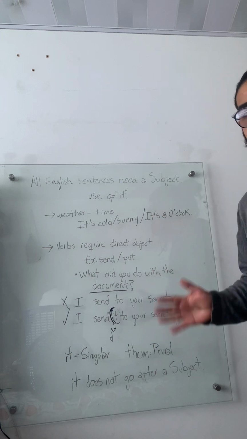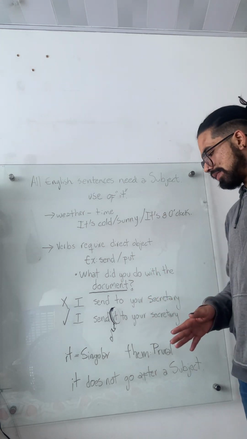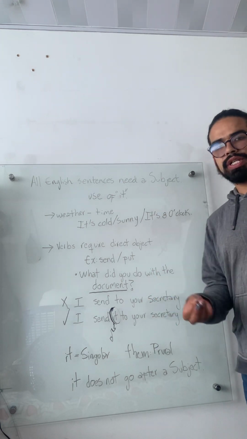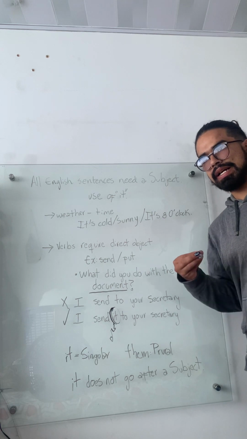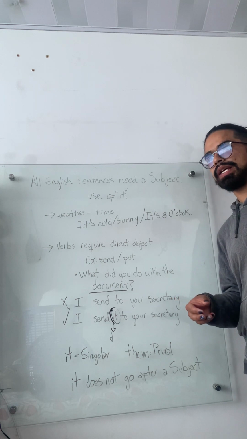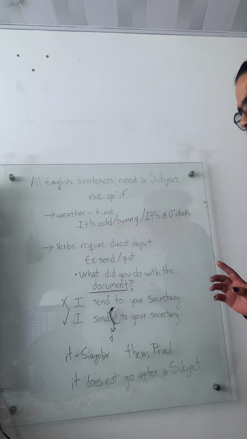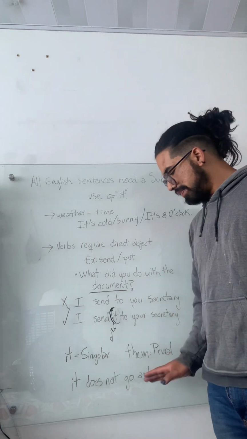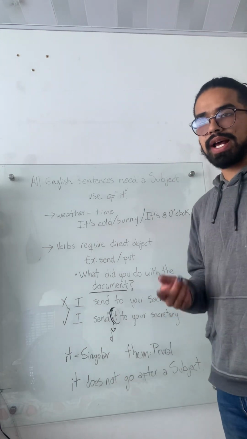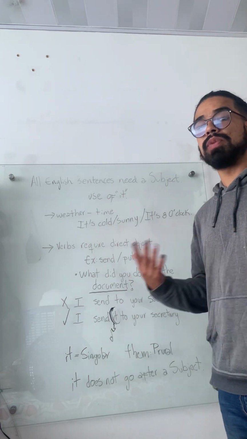"Please do not break the glasses," right? In a singular option, it would be, "Please do not break the glass. It is fragile," right? But what happens if it's not only one glass, when we are talking about multiple glasses?